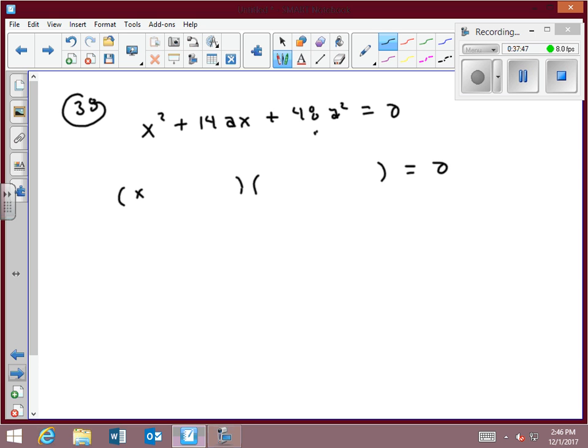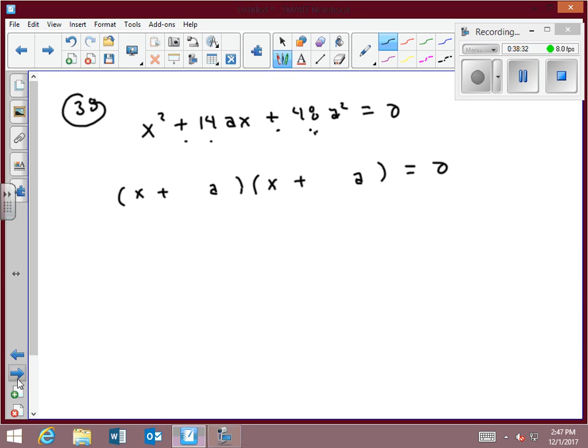So my first terms are x. What's my signs? This one says same sign, this says positive sign, right? My last term has got to be both of them a's, but now it's what two numbers times itself is 48, whose sum is 14.